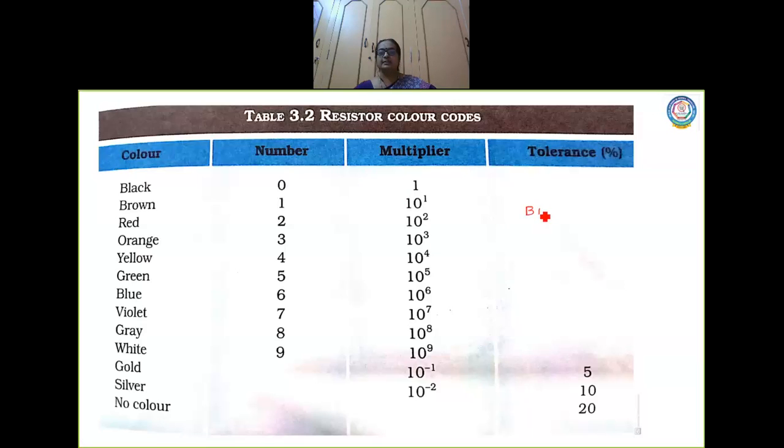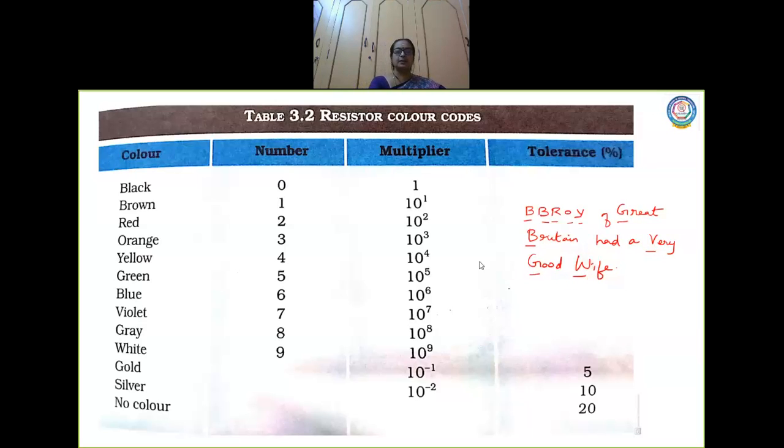I will write here: B.B. Roy of Great Britain had a very good wife. You remember this sentence, so you will not forget the color code and the number. B B R O Y G B V G W.